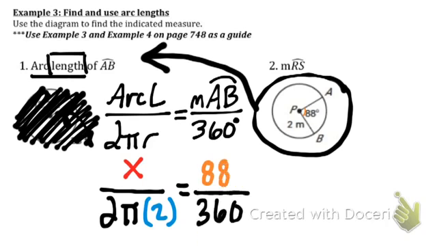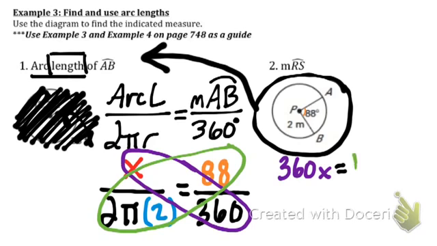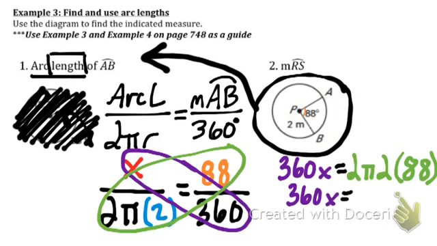In order to solve this proportion, or solve specifically for arc length, we have to cross multiply. So our first set of cross products would be x times 360, equal to the other set of cross products, 2 times pi times 2 times 88. Since we're trying to solve for x, I'm going to simplify the right hand side first and get 352 pi.